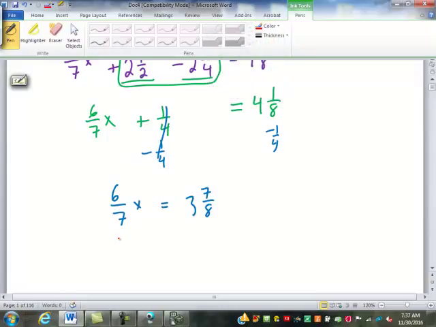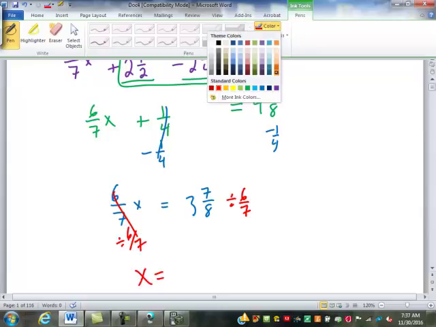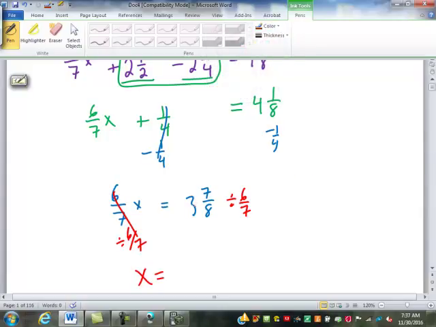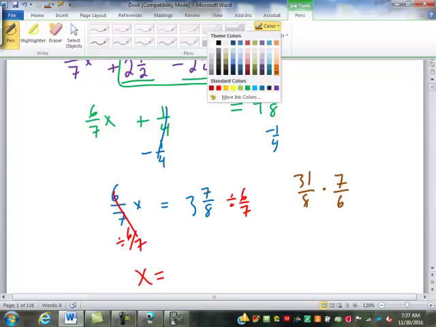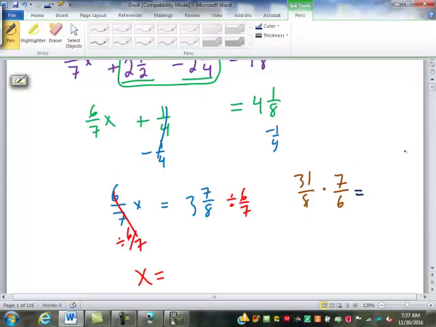And I'm going to divide by 6/7. So X equals 3 7/8. I'm going to do 3 times 8 is 24. Plus 1 is 31/8. Dividing by 6/7 is going to be times 7/6. There is nothing there that cross cancels.